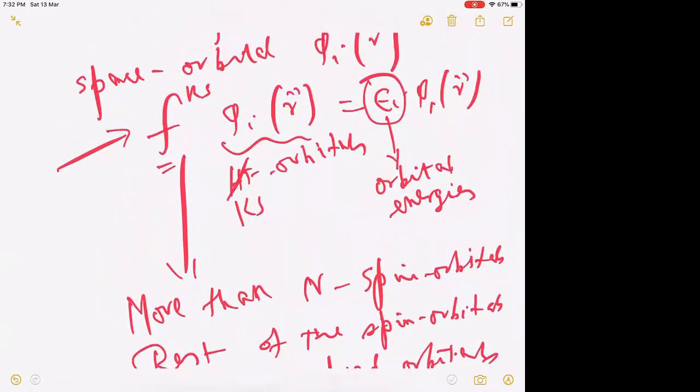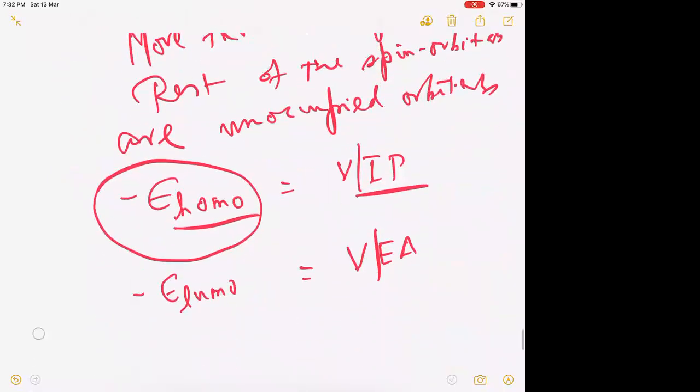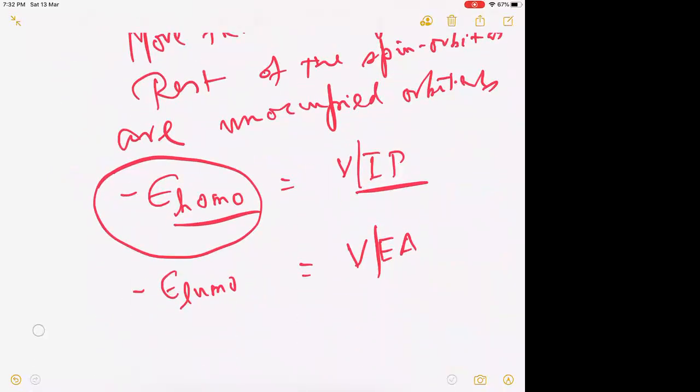So the orbital energies have a physical significance in terms of the ionization potential and excitation and electron affinity, which is basically adding an electron or taking out an electron. So if you want to know how much energy is required to ionize an electron, the result will be minus of epsilon HOMO.